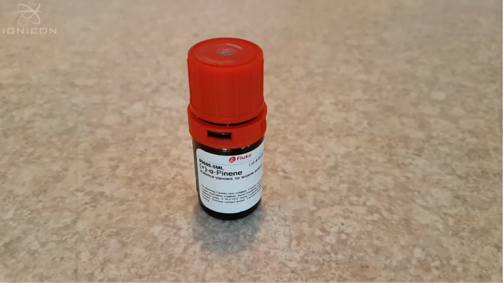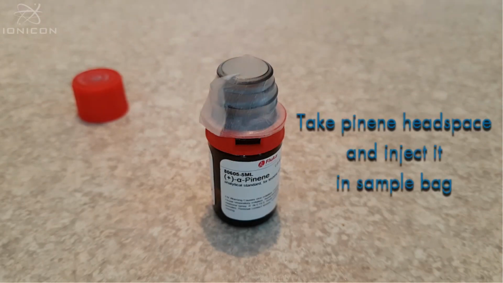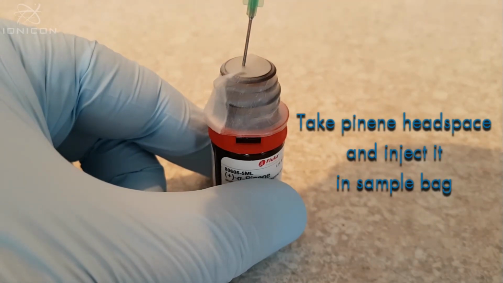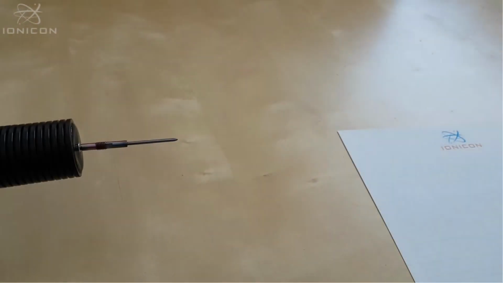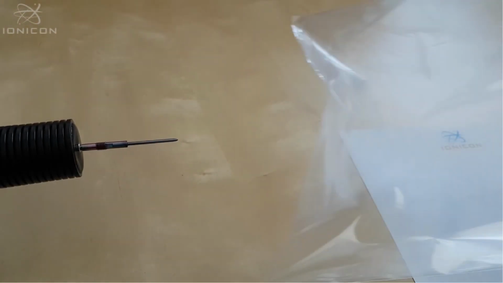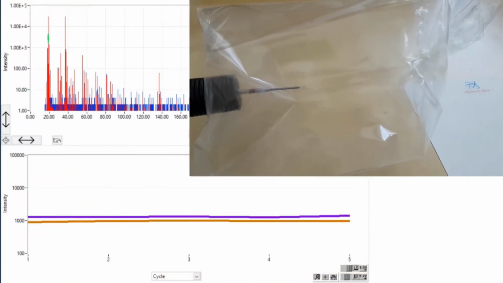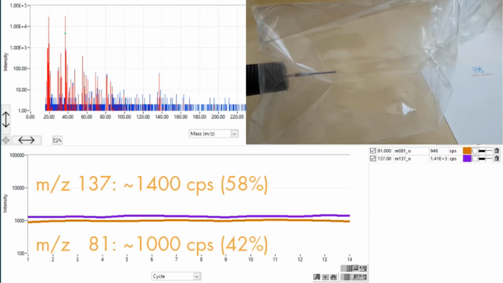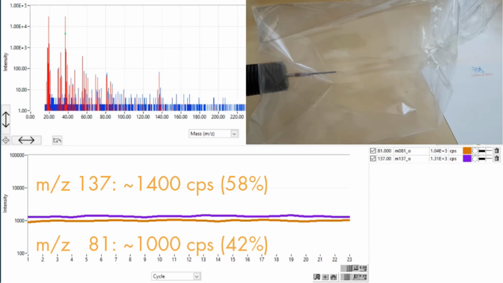To illustrate the performance of the funnel, we have prepared a short clip. Headspace of alpha-pinene is extracted and injected into a Teflon bag and sampled by PTR-MS. Without the activated funnel, we measure around 1400 counts at mass over charge 137 and around 1000 counts at the fragment on mass over charge 81.